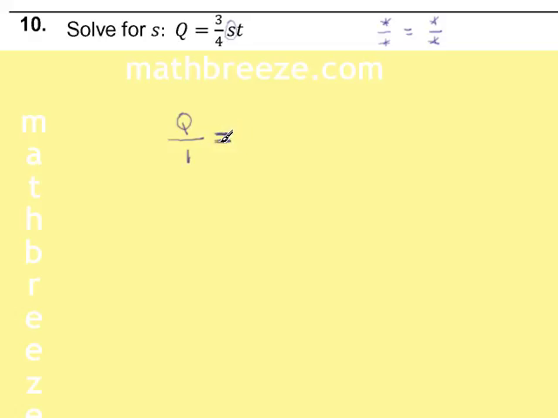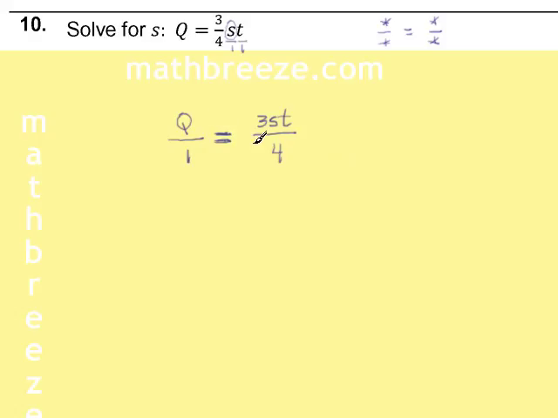Any number can be written as itself over 1. So now the left is written as a fraction. And on the right, s is also equal to s over 1, and t is t over 1. So this right-hand side is really 3st in the numerator, divided by 4 times 1 times 1, which is just 4, in the denominator. So now we managed to write both sides as fractions, and we can cross multiply like we did in the previous example.